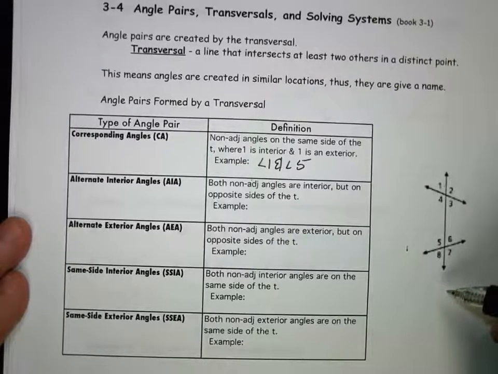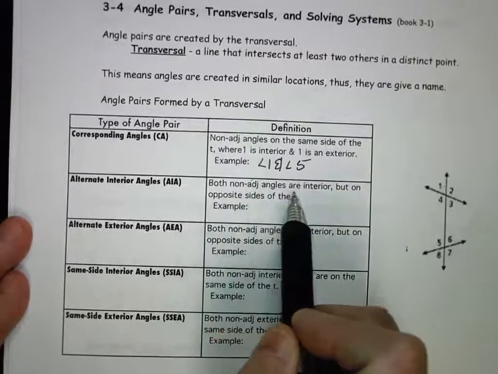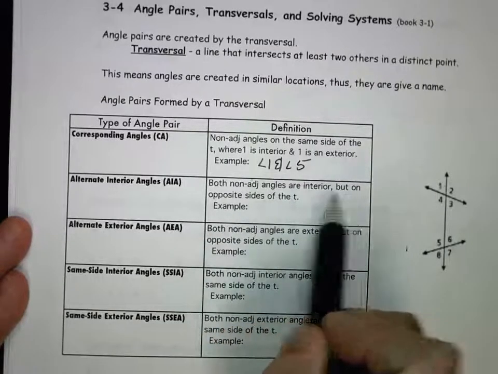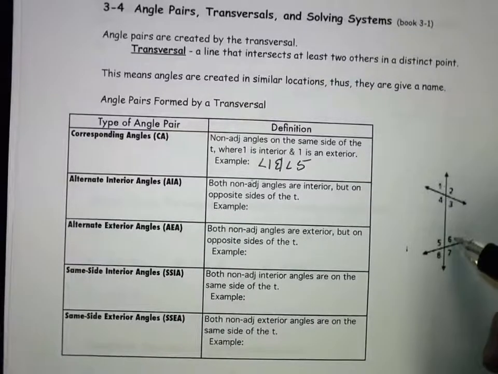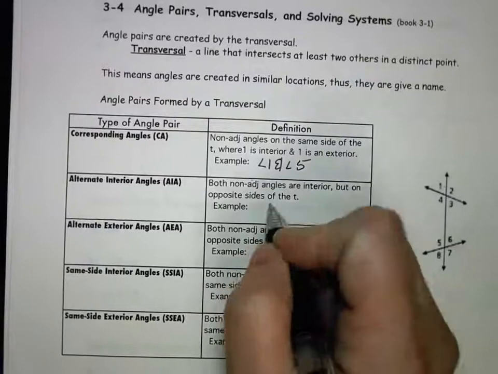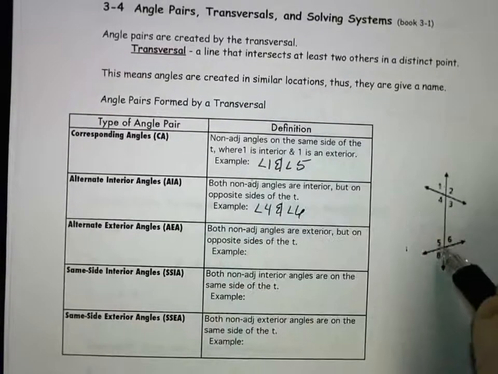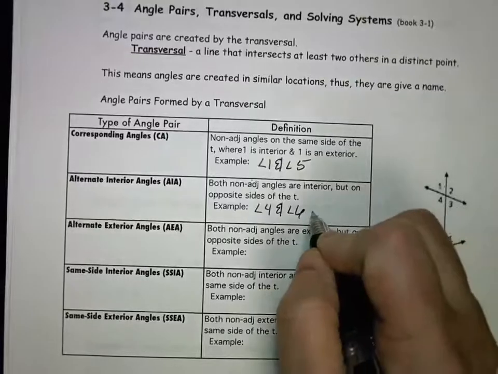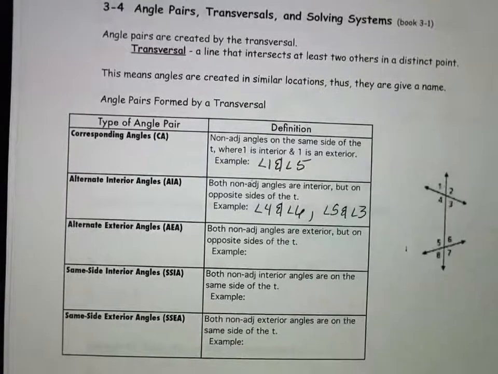Alternate interior angles. Both non-adjacent angles are interior but on opposite sides of the transversal. So 4 and 6 are alternate interior angles, and 5 and 3 are alternate interior angles. Next we have alternate exterior angles.